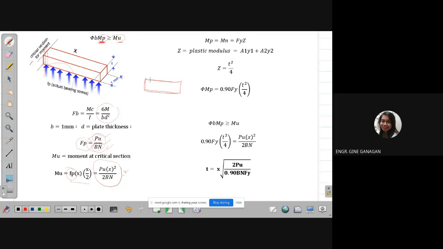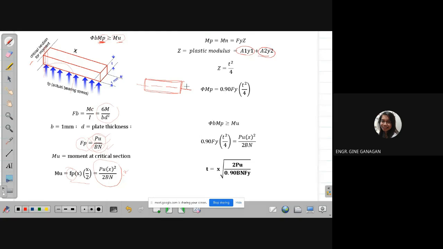So if we have here our strip, ito yung neutral axis natin. Yung Z is the plastic modulus that is statical moment of area above plus yung static moment of area below. So ito yung above, ito yung below. Okay?